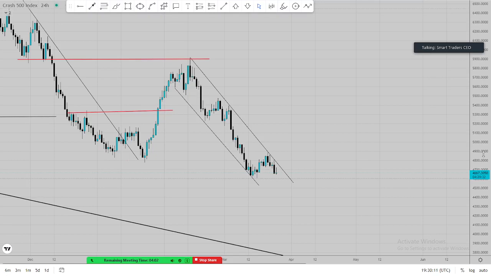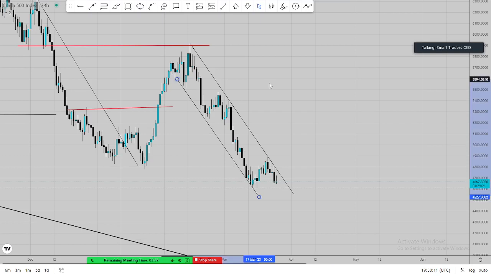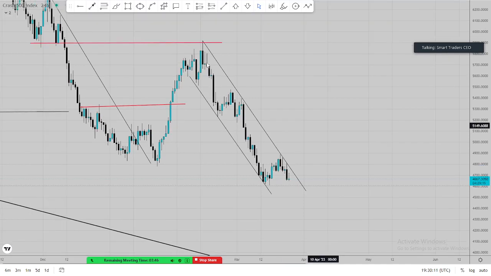What I'm doing on Crash 500 now, you can do on any instrument of your choice: volatility 75, step index, any instrument. This is a downward channel, as you can see. Remember I spoke about the buys, TP1 and TP2 were reached. How could you have gotten the sells for this downward channel? Simple thing, same thing over and over again: you use your counter trend line.